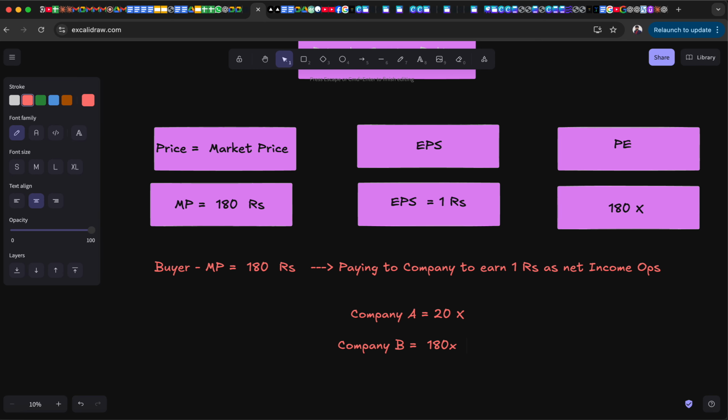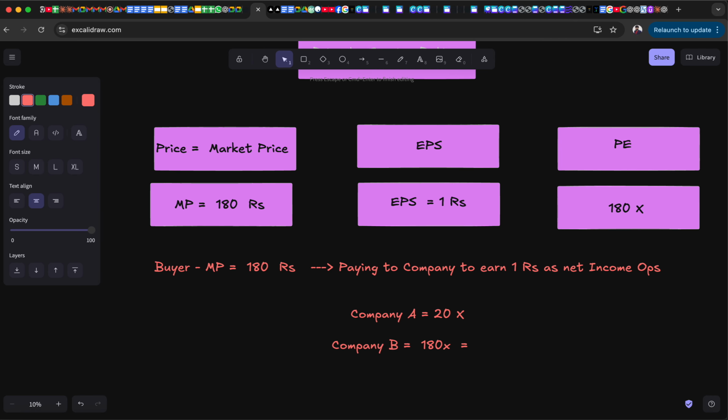Now, if I ask which one you would prefer to invest in, company A or company B? If you ask me, in my opinion, we should invest in company A. Now your question would be, sir, why not company B? Because company B has a higher PE.